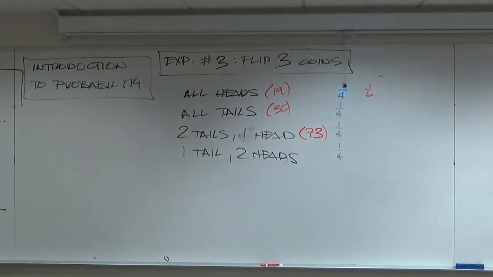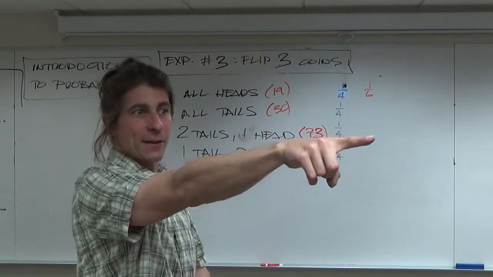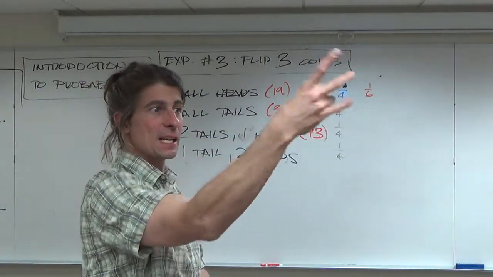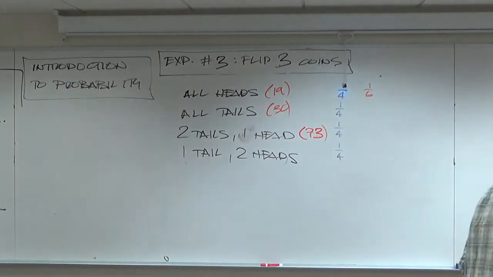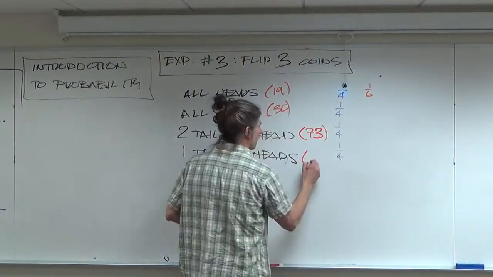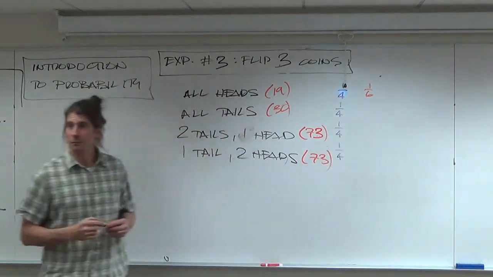All right, ready? So 1 tail, 2 heads. 6, 10, 19, 25, 26, 36, 42, 43, 47, 52, 55, 59, 62, 65, 70. And 3 more. 73!